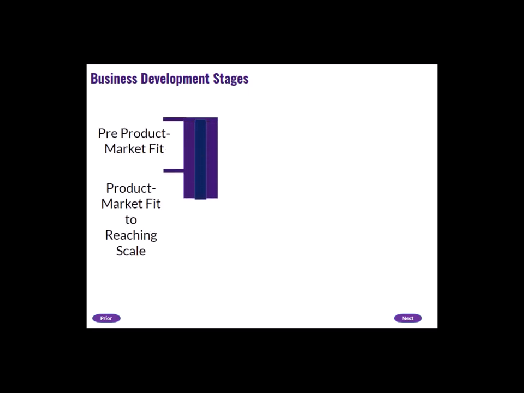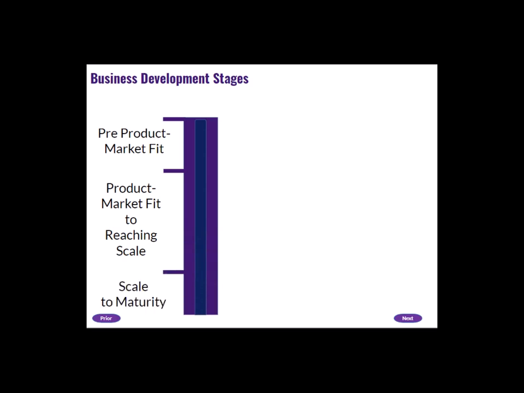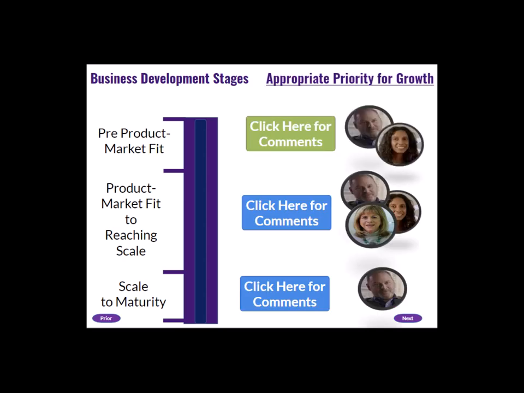The first stage would be pre-product market fit. The second stage would be between having reached product market fit and prior to reaching scale. And finally, having reached scale, the stage of maturity. Click above to hear insights from our experts about how growth should best be prioritized at each stage of business development.